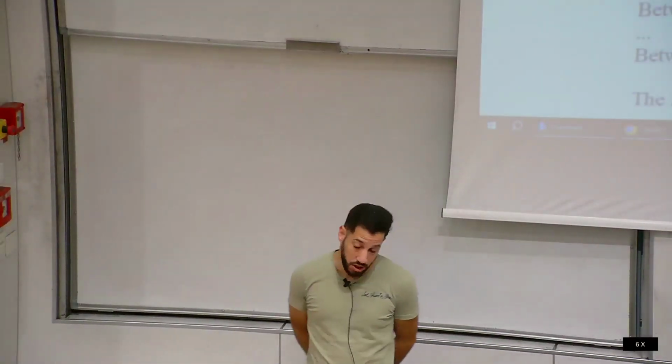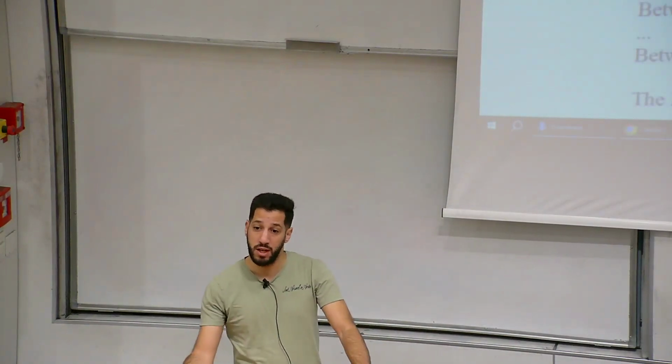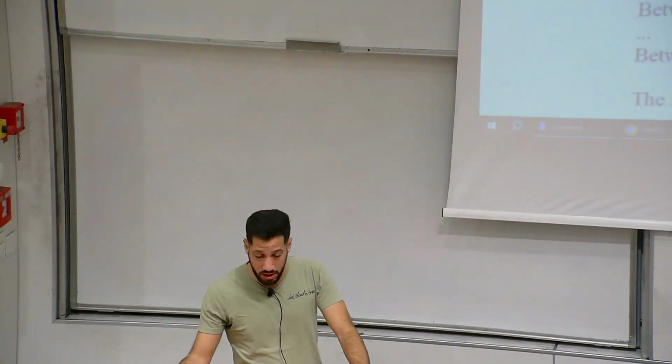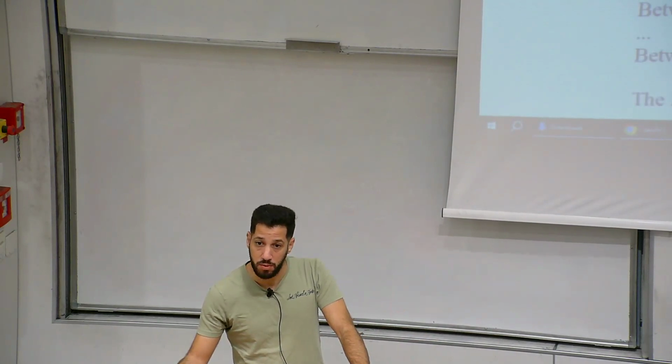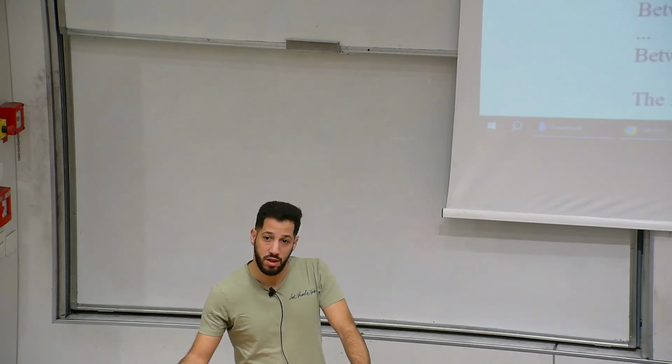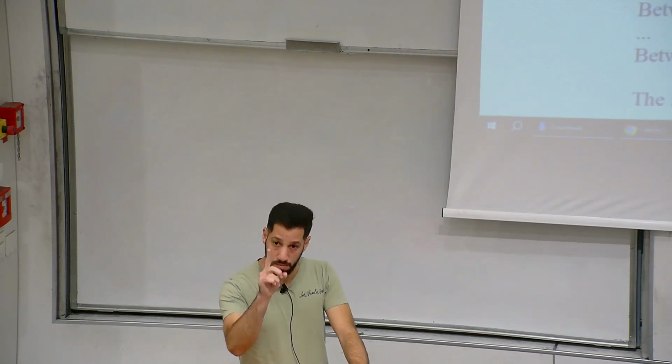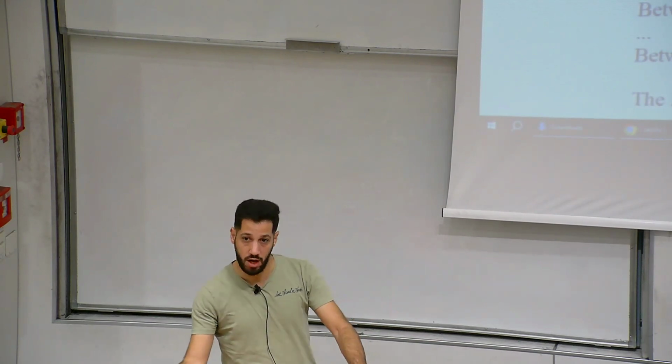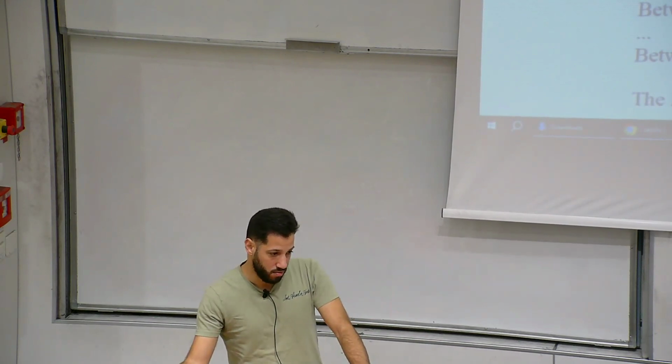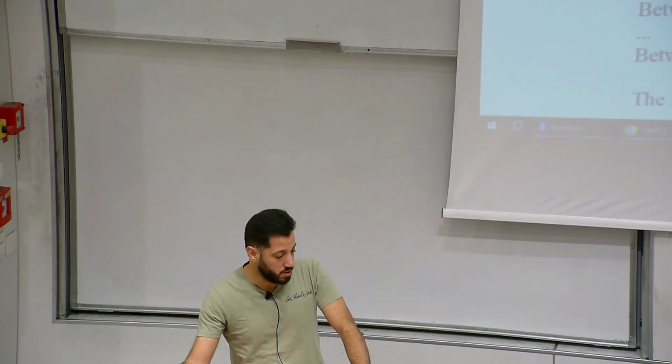Yes, in interpolation, this point is in the domain of these points. So that's what we want in interpolation. We want to estimate the function at some specific point given other points and given the exact values of the function at these points.